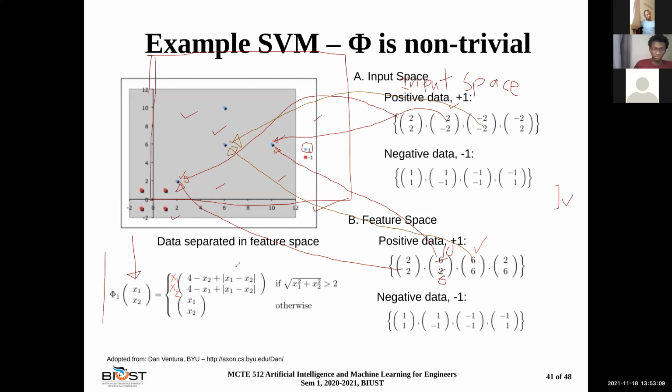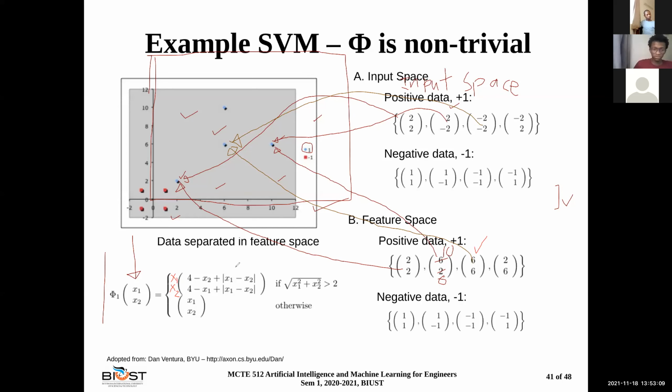So that is less than 2. And so for those input data, nothing is changing. In this case, our transformation function is trivial. So we keep the input space as our feature space. Now, again, we're saying that we can separate them linearly.